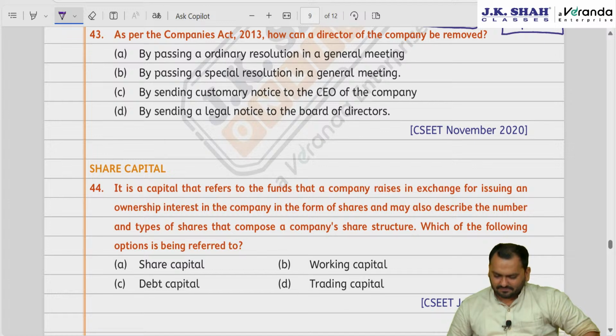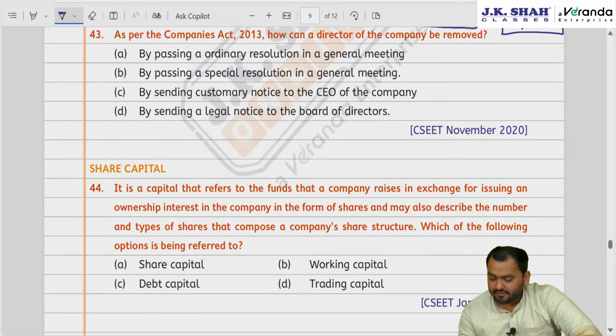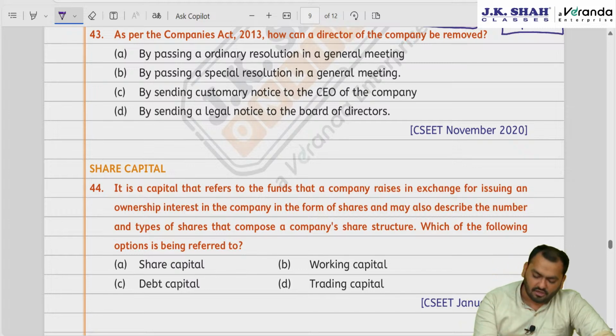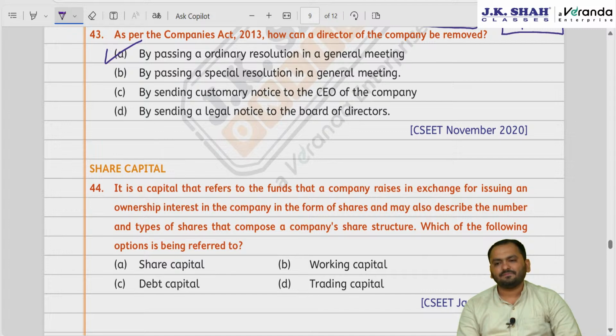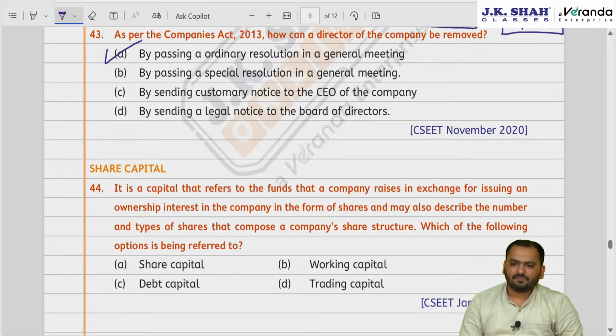So friends, here you can see, how can a director be removed? The answer is, by passing an ordinary resolution in a general meeting. Remember this. Now you tell me, if company wants to remove an independent director, then what to do?